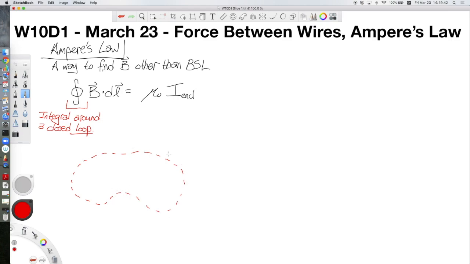And what do we want to add up? What are we going to find for each small chunk of this loop? We're going to find B dot dl, which is the dot product of B, our magnetic field, and dl, where dl is the path of the loop we follow.